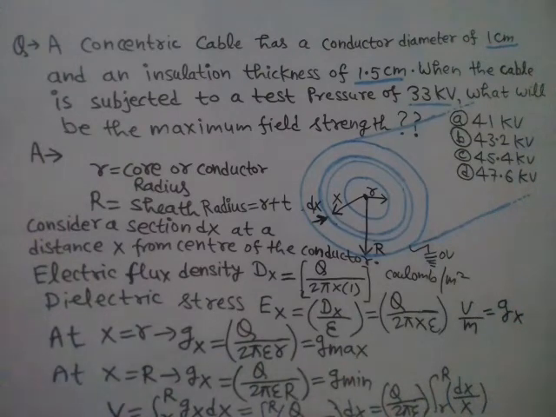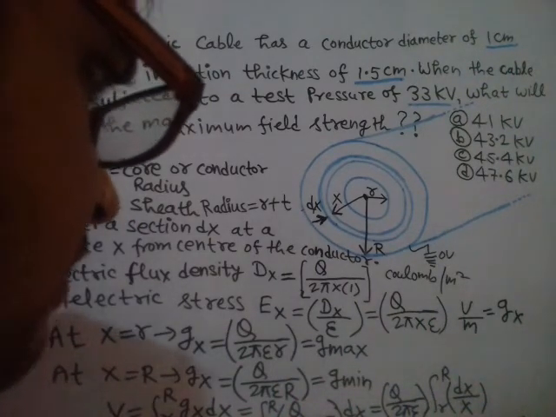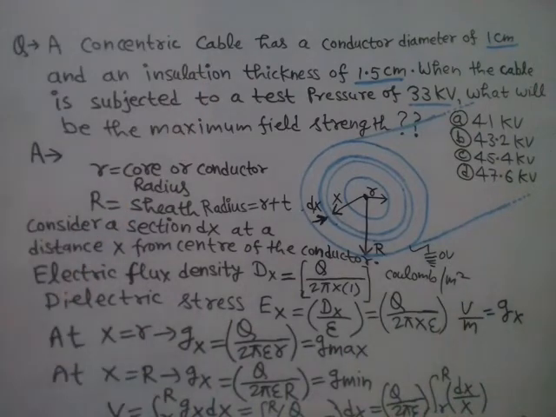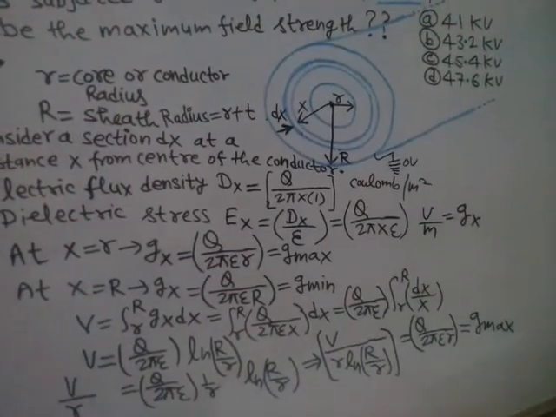So you just analyze this. Q by 2 pi epsilon into small r is nothing but the maximum dielectric stress or the maximum field strength, that is G max, and that precisely we will have to calculate.